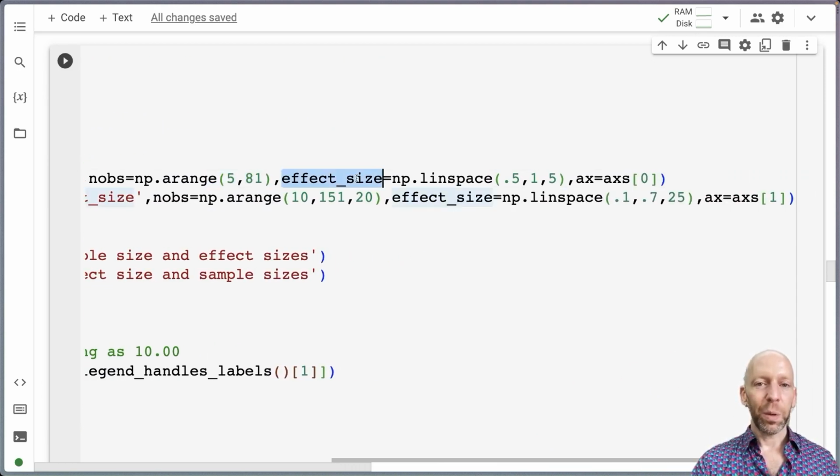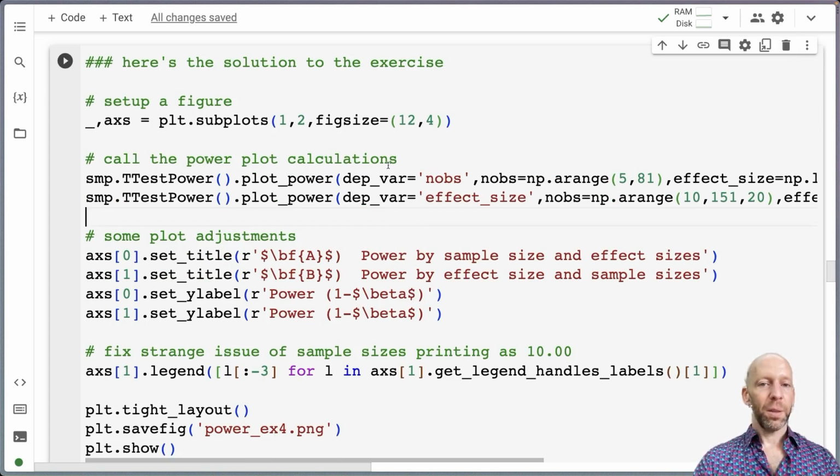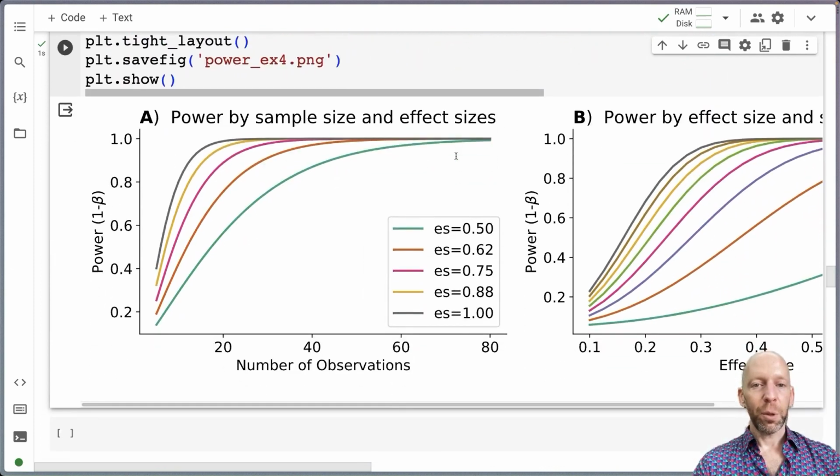Here I input the effect size, and this is an optional input just to say which axis the plot should be drawn into. So that's really all there is to it. I think, once you see this code once or twice, you get a little bit of experience with it, you will be able to modify this code in the future.